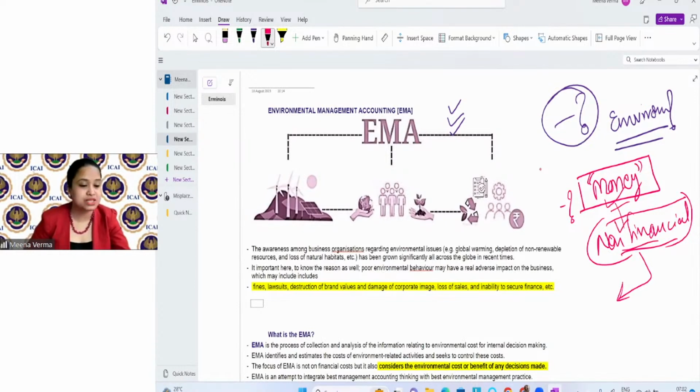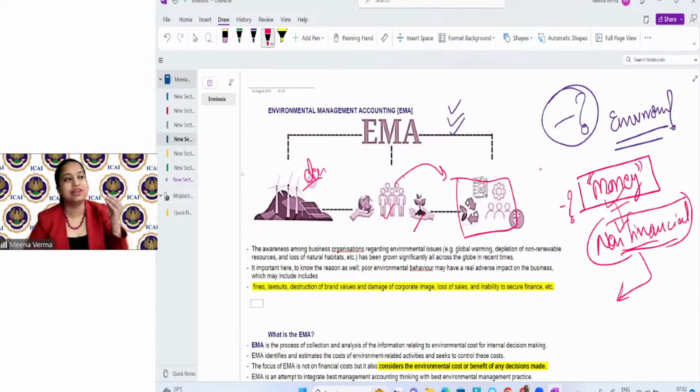In money terms, it will affect the business, because if the organization is working, obviously they are using resources from the environment. When the organization is producing goods and making money, they are using the resources from the environment. And when you are using the resources, in some way you are affecting the environment. We use electricity, we use raw material, we use many other resources from the environment.